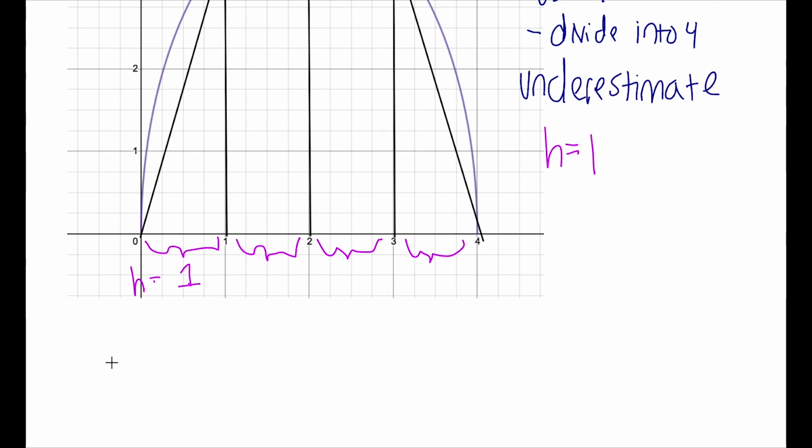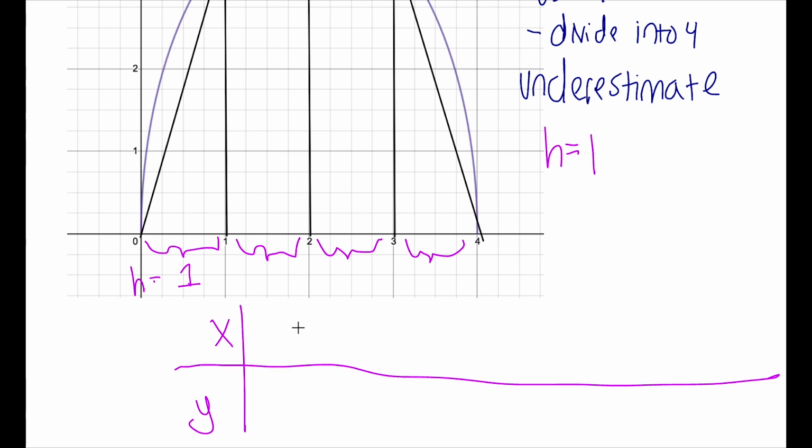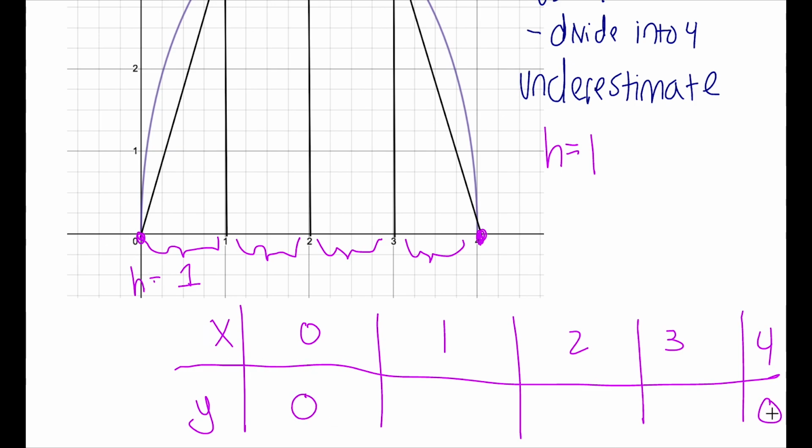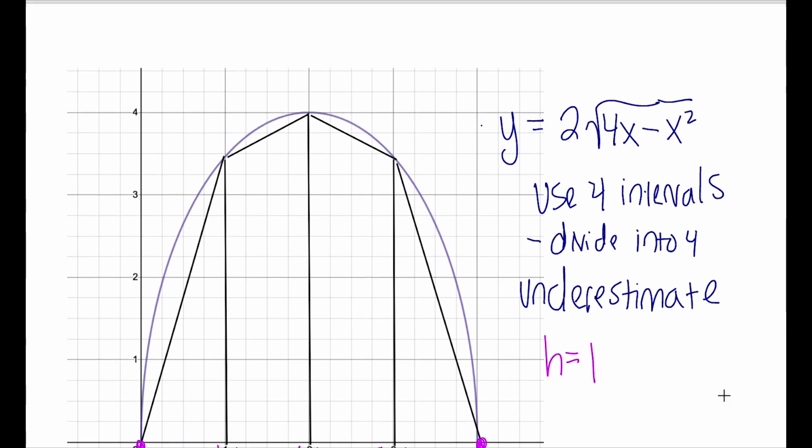Now we do our table. 0, 1, 2, 3, 4. So I don't need to plug in 0 or 4 because those points are on the x-axis. So my first y and my last y are both going to be 0.